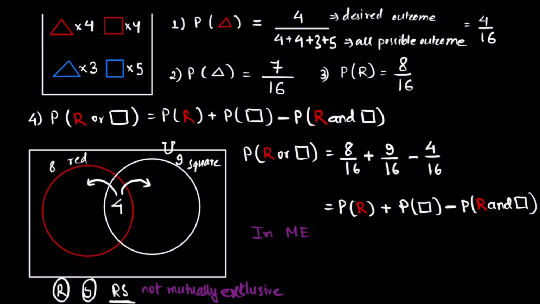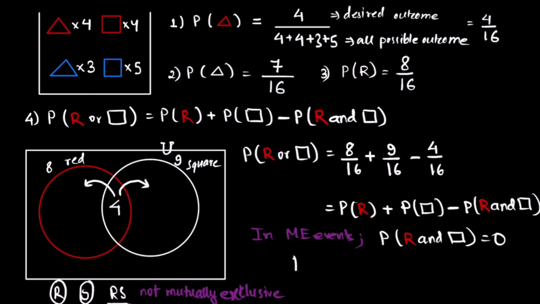In mutually exclusive events, that is events where two can't occur together, the probability of getting red and a square would be 0.